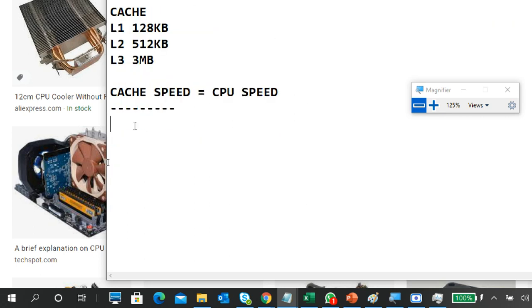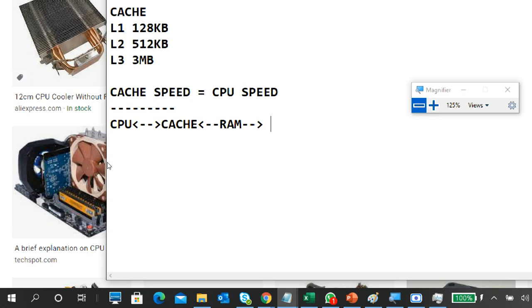Generally, the CPU takes and loads instructions to the cache only. Of course, first L3 cache, L3 to L2, L2 to L1, then CPU. And it loads instructions and communicates with RAM only.